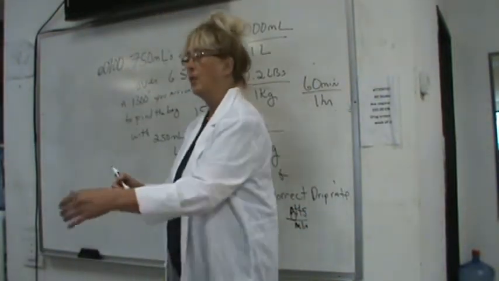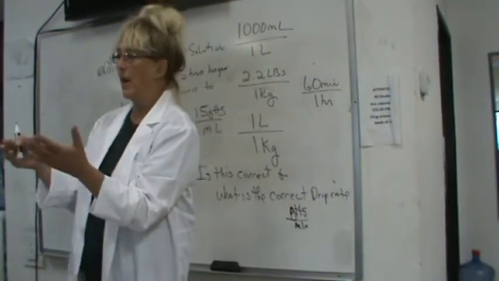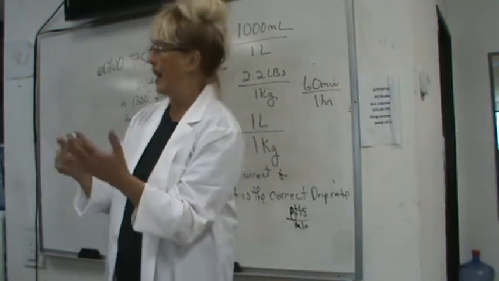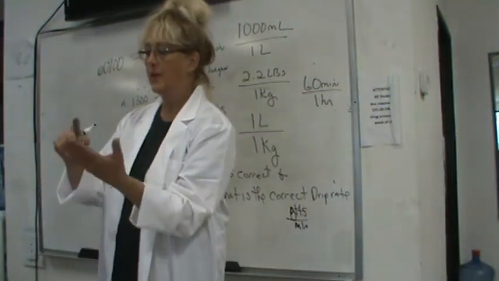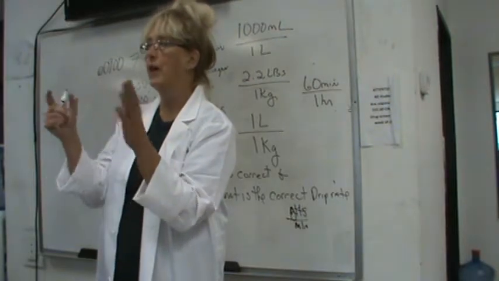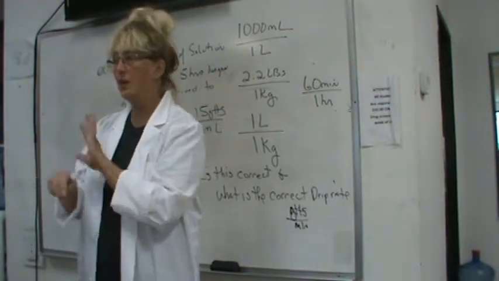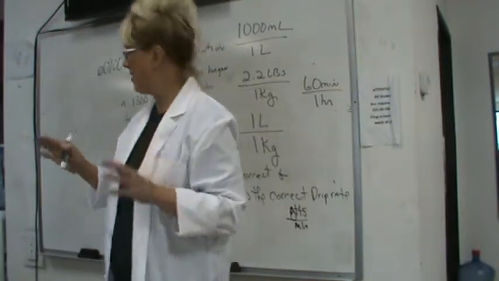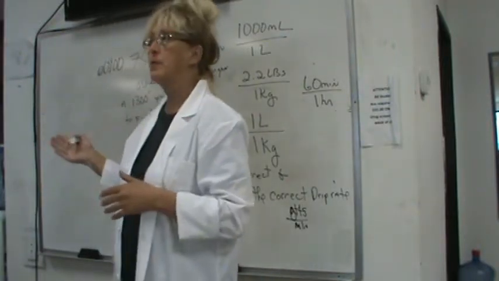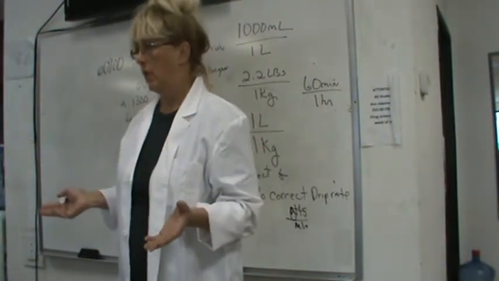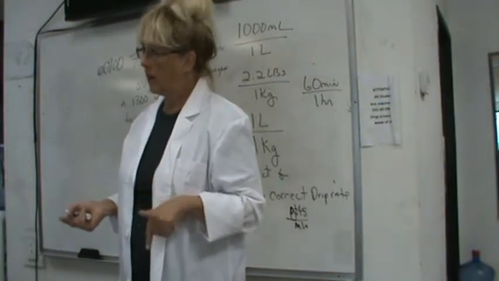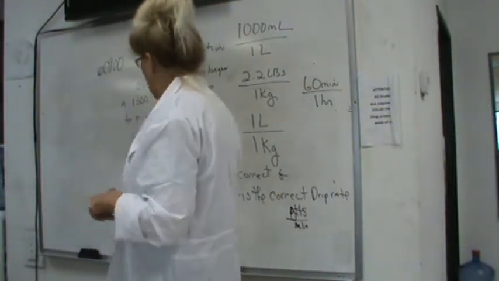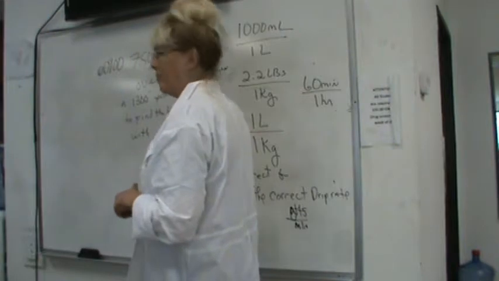This patient's going to be on infusion from 9 for 6 hours: 9, 10, 11, 12, 1, 2, 3. 3 o'clock, they should be done. All 750 mLs by 3 o'clock should be infused. You come in at 1, and you see 250 mLs left.